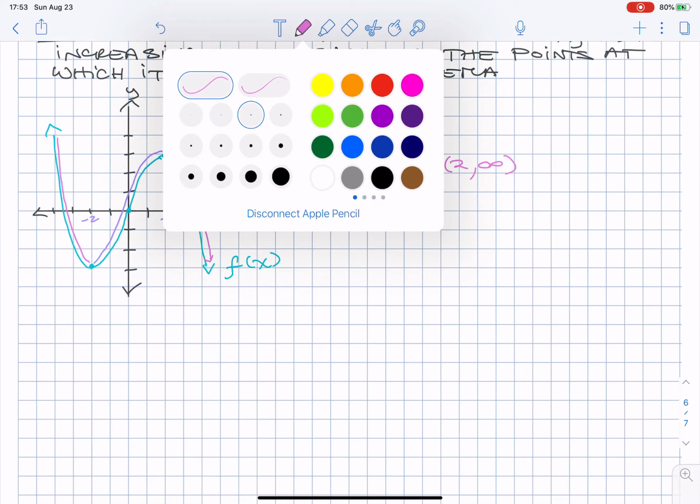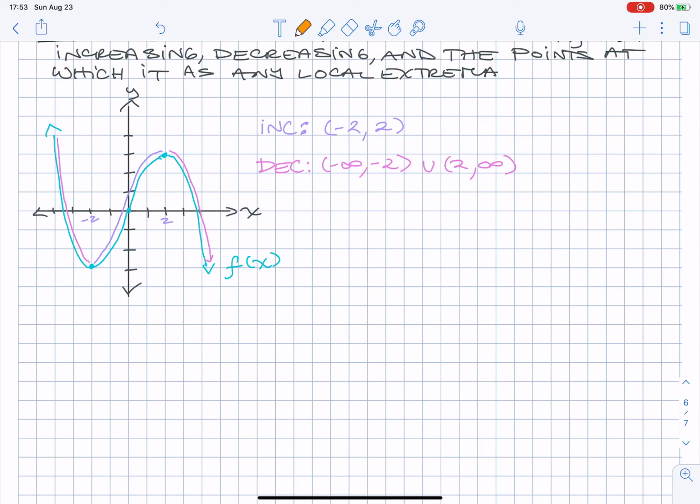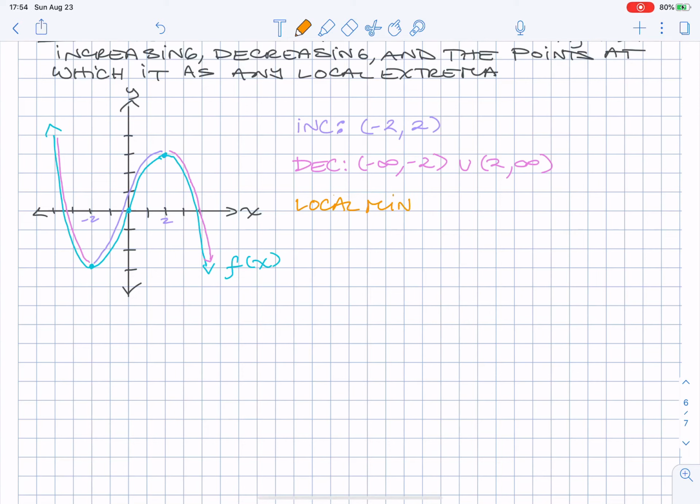Now let's see, do we have a minimum? So do I have a local minimum? Well, this point looks like it's a minimum locally. I can find a little region about which all the values of y are larger.